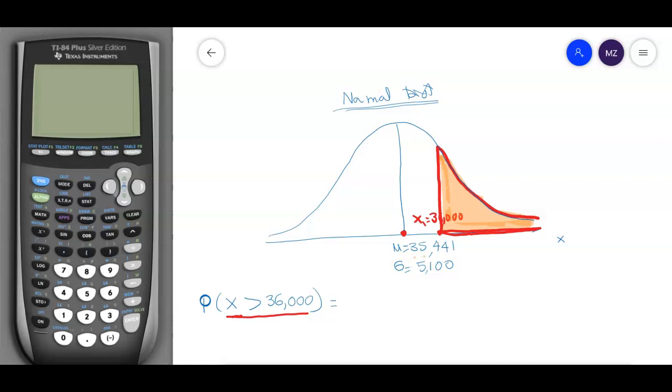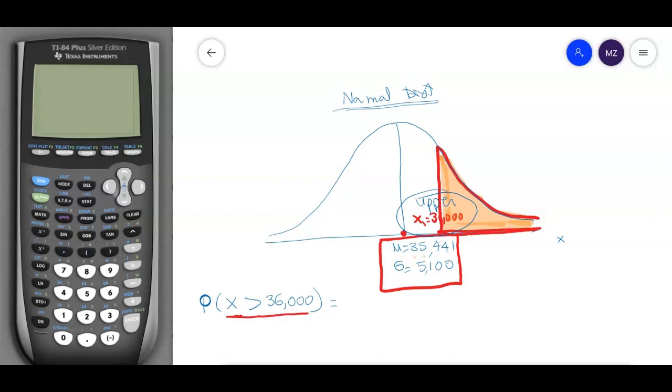We're going to use the normal CDF, cumulative distribution function, that's number 2 on the distributions. We're going to use the mean and sigma, and we need the upper bound and lower bound.